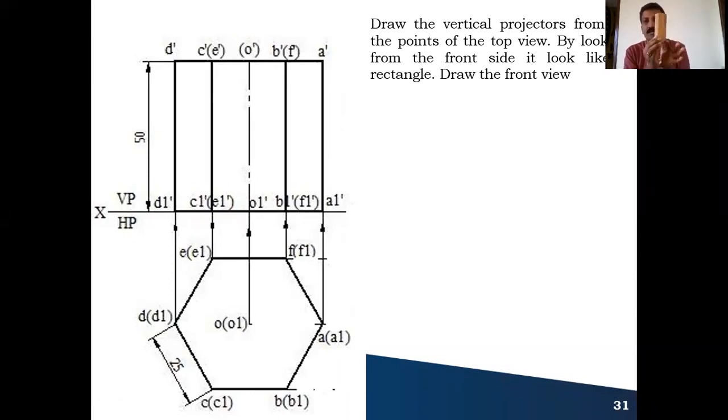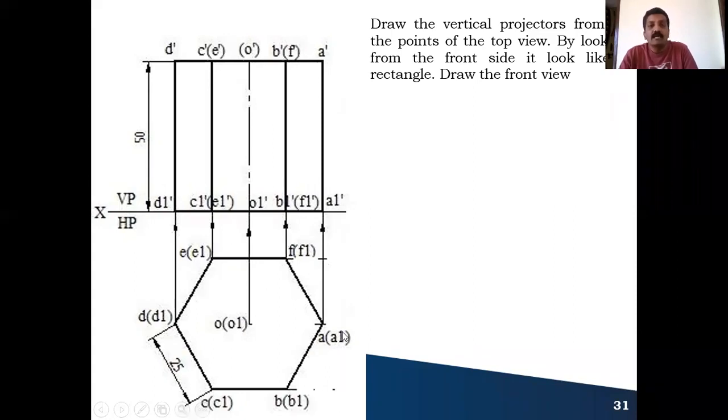The corner I have taken right side. So in the top view, it looks like a hexagon, and in the front view, it looks like a rectangle. So that is what you have to do. And here also it is the same. So the corners A, B, C you can see, D you can see. You cannot see E and F. So that's why E dash and F dash should be written within the bracket.